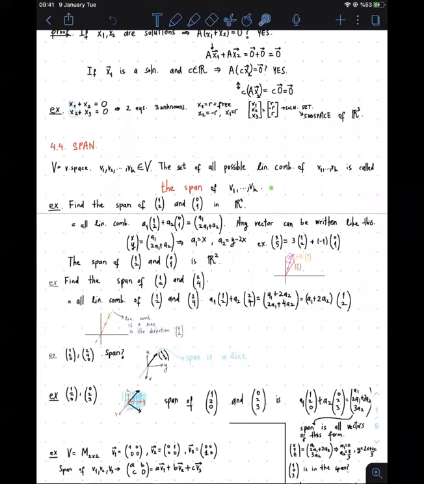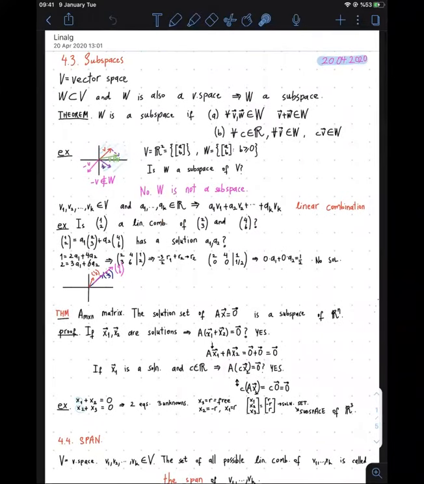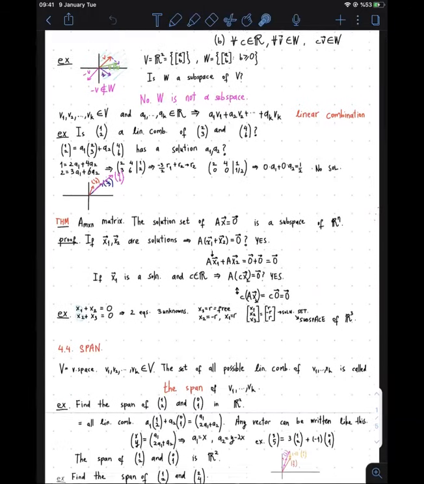The set of all possible linear combinations of these vectors is called the span of these vectors. So what is a linear combination? A linear combination of k vectors is where you multiply those vectors by numbers and add them. This is what linear combination means.